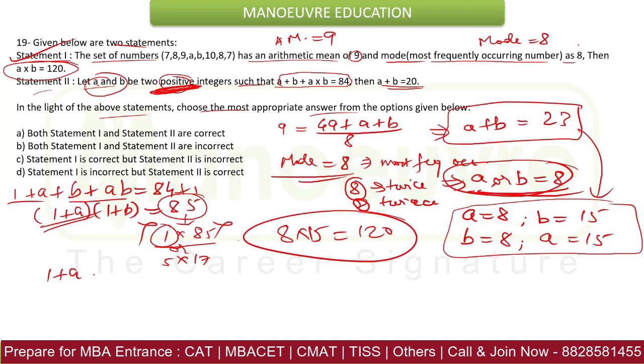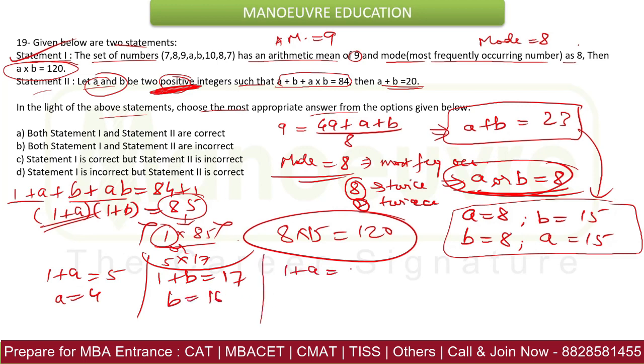So we can simply put 1 plus A is equal to 5 and 1 plus B is equal to 17, the remaining factors. So 1 plus A is equal to 5, that means A is equal to 4, and B is equal to 16. Or the other way, 1 plus A is equal to 17 and 1 plus B is equal to 5.